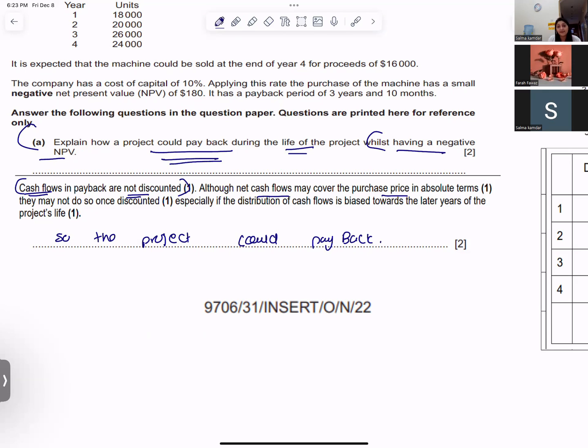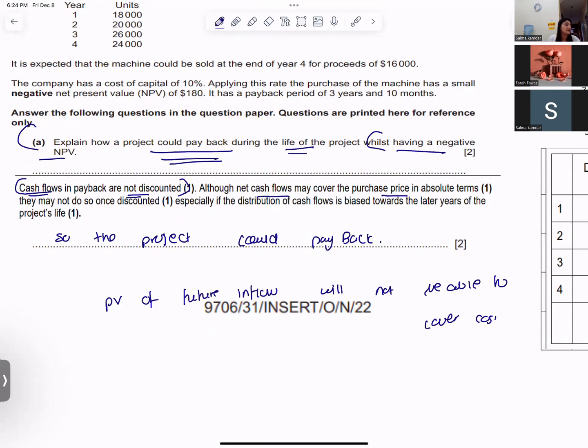But in the NPV, the cash flow is discounted. So it can become negative because the present value of future inflow will not be able to cover the cost. That is a difference, right?